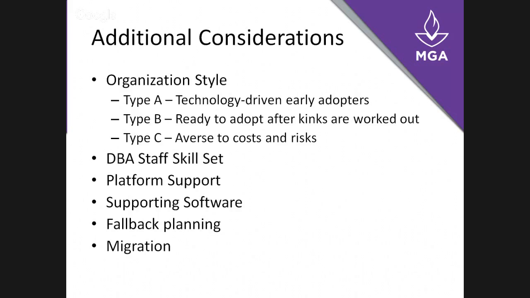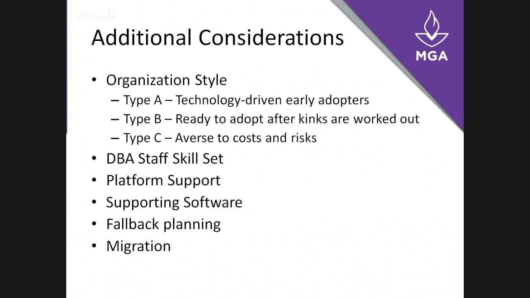And there are type C organizations that don't want to spend money. It's like money is that 4-letter word, and I realize it is 5 letters, but that's a 4-letter word for businesses sometimes, and they might not want to risk going to a new system until, quite frankly, the technology curve has gotten to the point where it's no longer viable for them to stay on the current system.